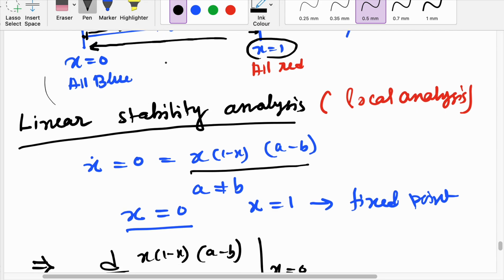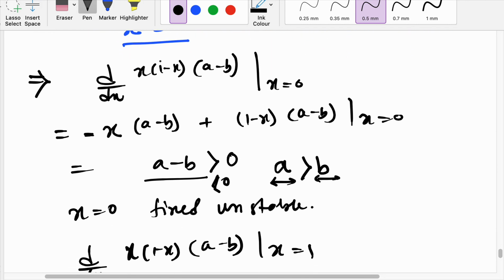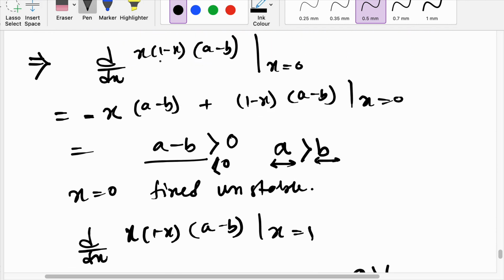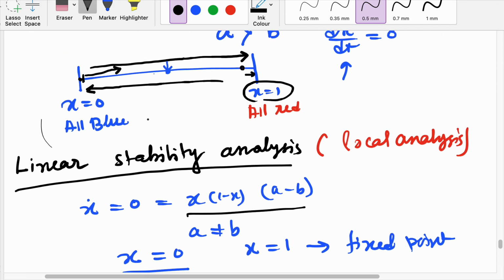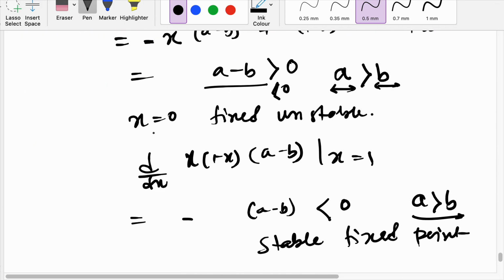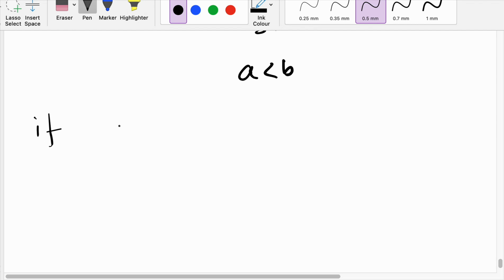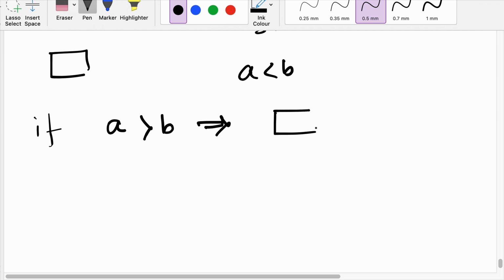So we can say for sure that if a greater than b, then whatever your initial condition, whatever the initial composition of your population state, it will always go towards the all red state.